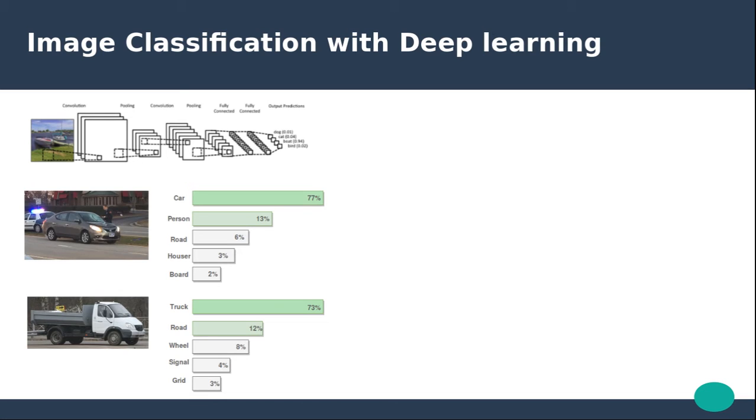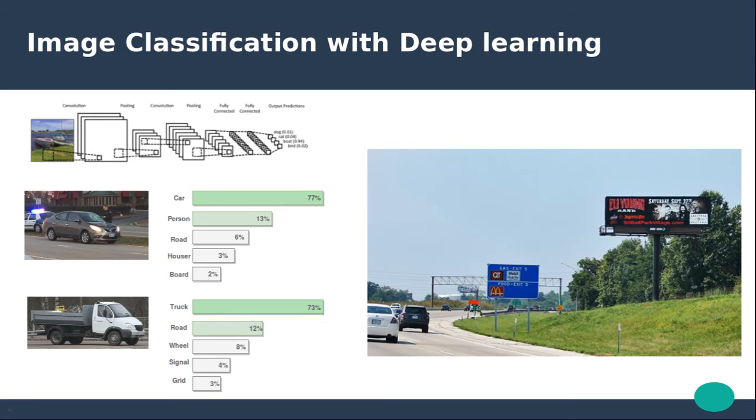To give you a simple intuition for image classification, consider the digital billboards you have been seeing on some roads, displaying random advertisements.